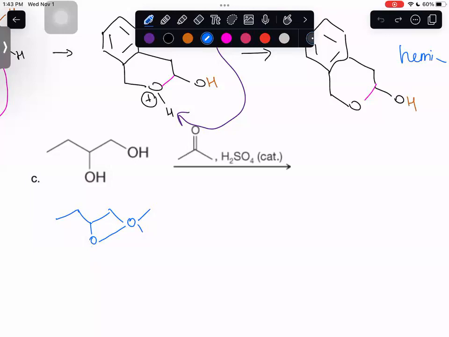So we're going to have one carbon connecting those two oxygens. 1, 2, and now that carbon has the legs of that ketone. And there you go. That's it.